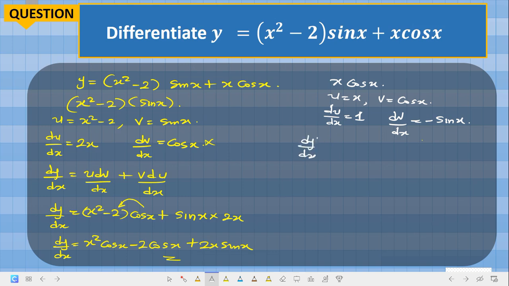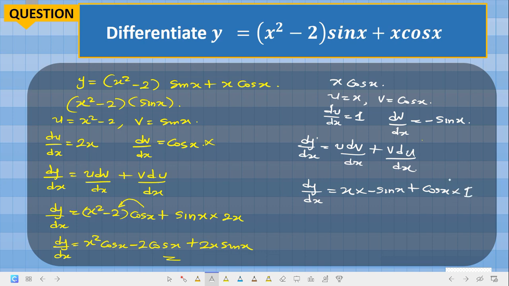So dy/ds is u dv/ds plus v du/ds. Your dy/ds is equal to your u, s, times your dv/ds, which is −sin s, plus your v, cos s, times du/ds, which is 1.